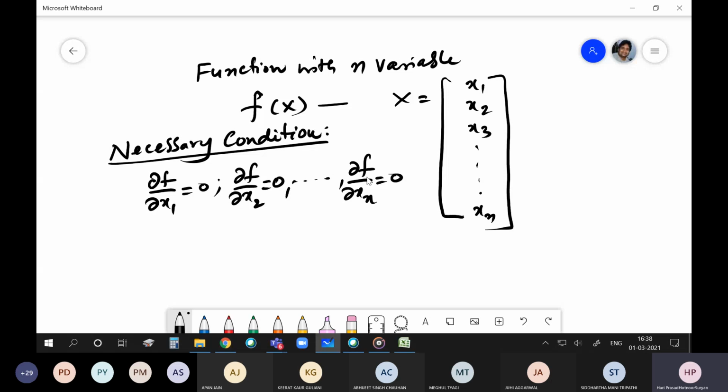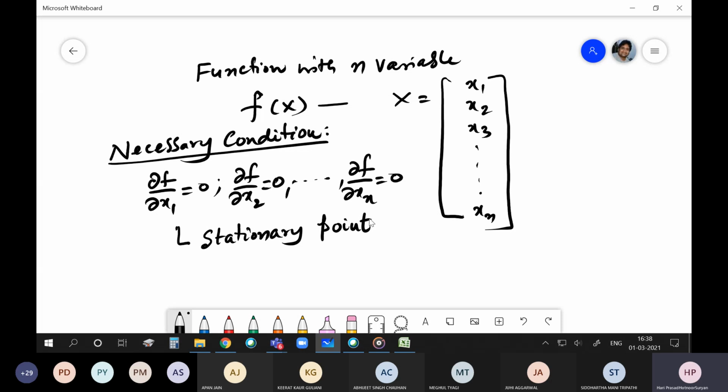If all these become 0, then we get what we call a stationary point. What is a stationary point? A stationary point is one at which you can have either local minima or local maxima. It satisfies only the necessary condition.